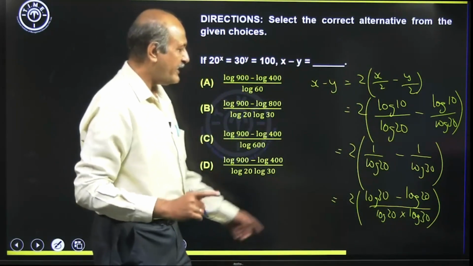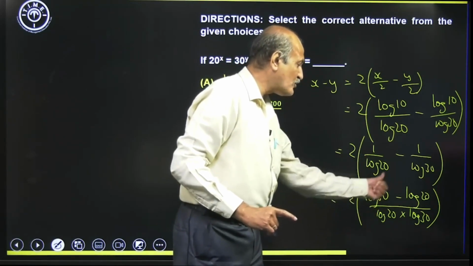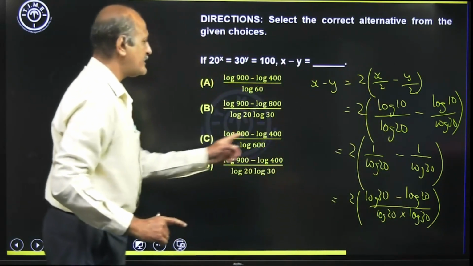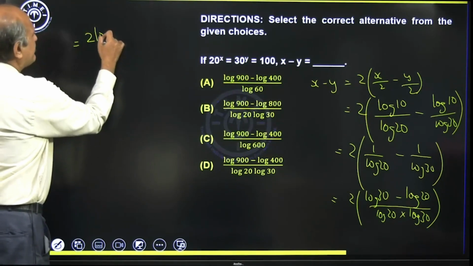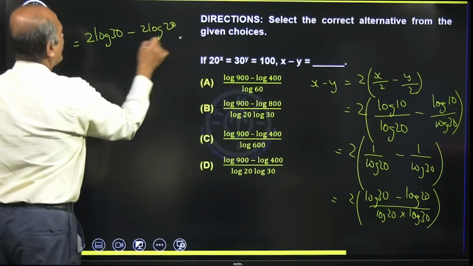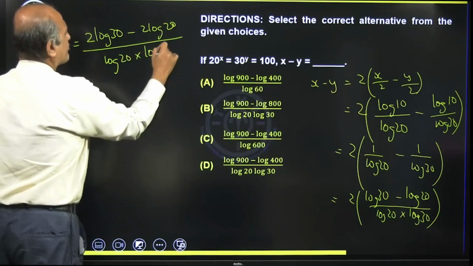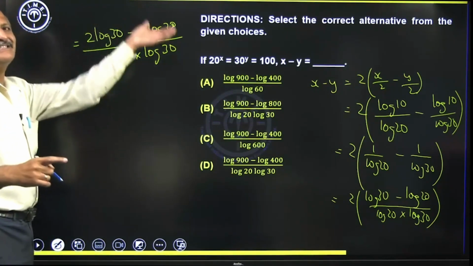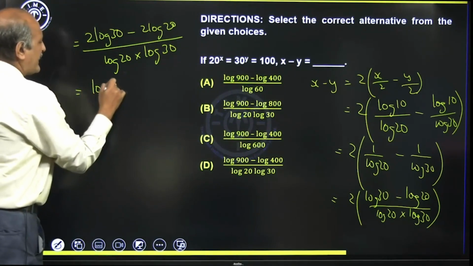Now, observe carefully. If I take this 2 into the bracket, I will get something like this: 2 log 30 minus 2 log 20 divided by log 20 into log 30. Here 2 log 30 can be written as log of 30 square. 30 square is 900, so it is log 900.